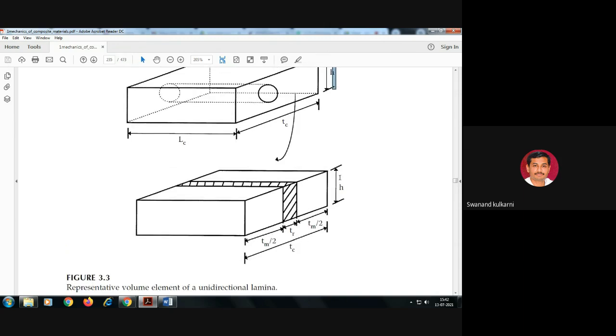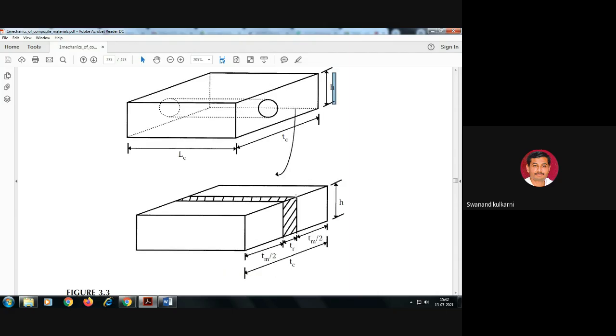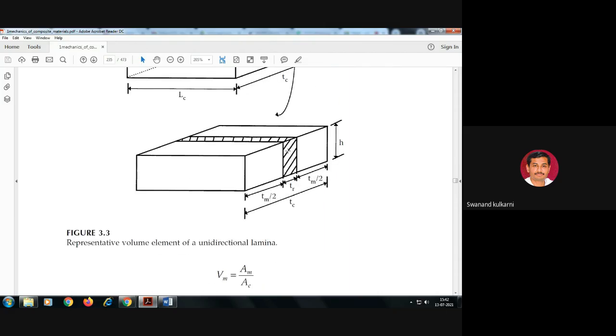Then coming to the reinforcement part shown here, let us consider this part as the thickness of the reinforcement element, and this particular part from this end to here as the half thickness of the matrix material. The remaining half thickness of the matrix material is shown here. Is it okay?